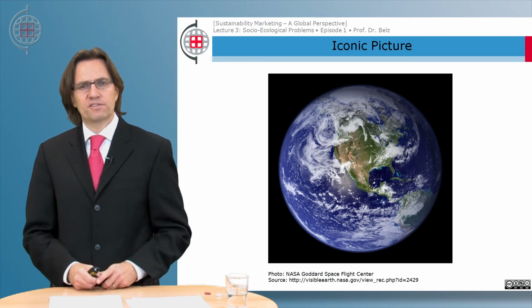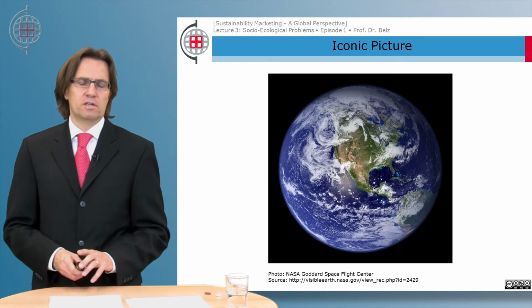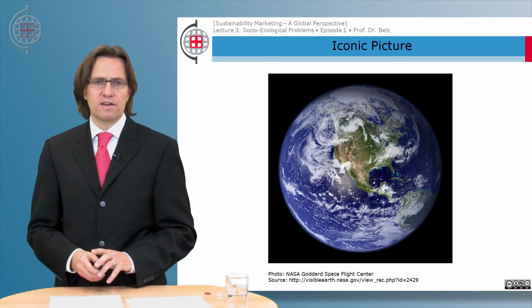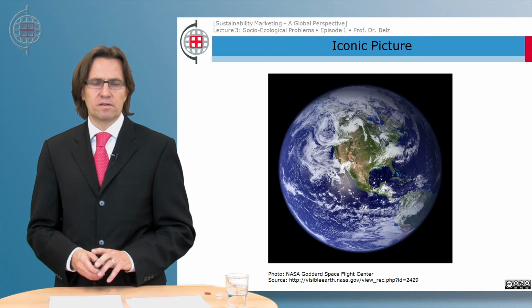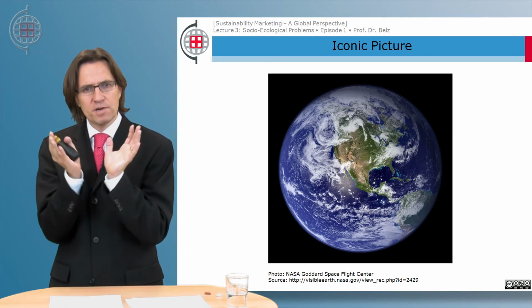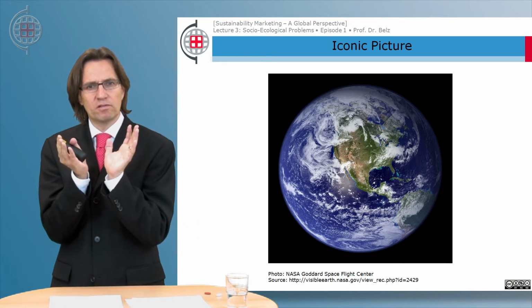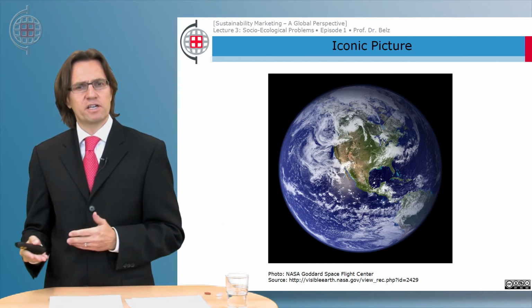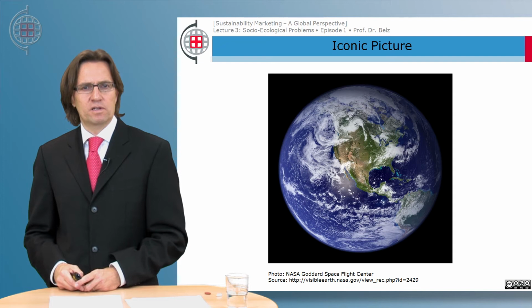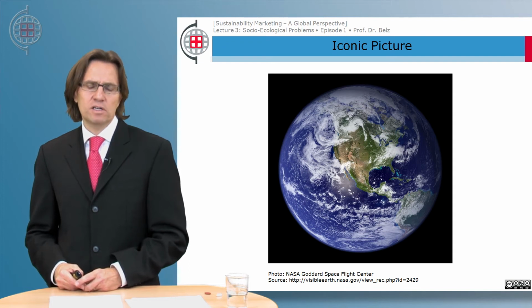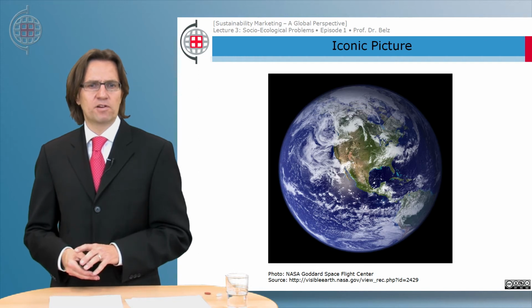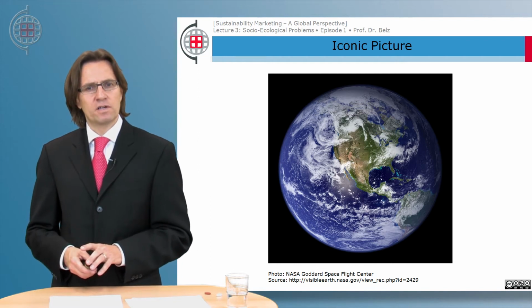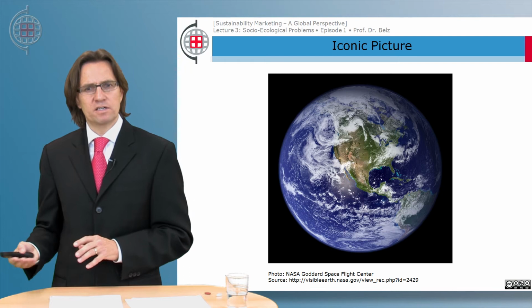It is covered with 70% water and 30% land. And it's also limited, it's rather small. This iconic picture really changed perceptions. Actually, it made the entire discussion about the limits of growth come to reality.